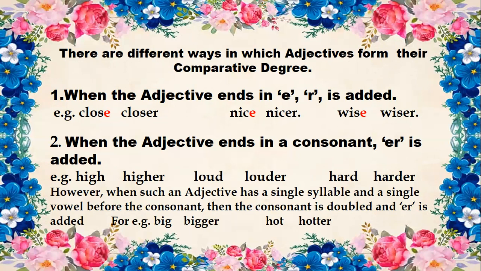So when you are making the comparative degree, we write it as BIGGER, bigger. Big, bigger, hot, hotter. See, in front of the consonant T, a vowel is there. So HOT, T will become double, HOTTER. So these are the examples.